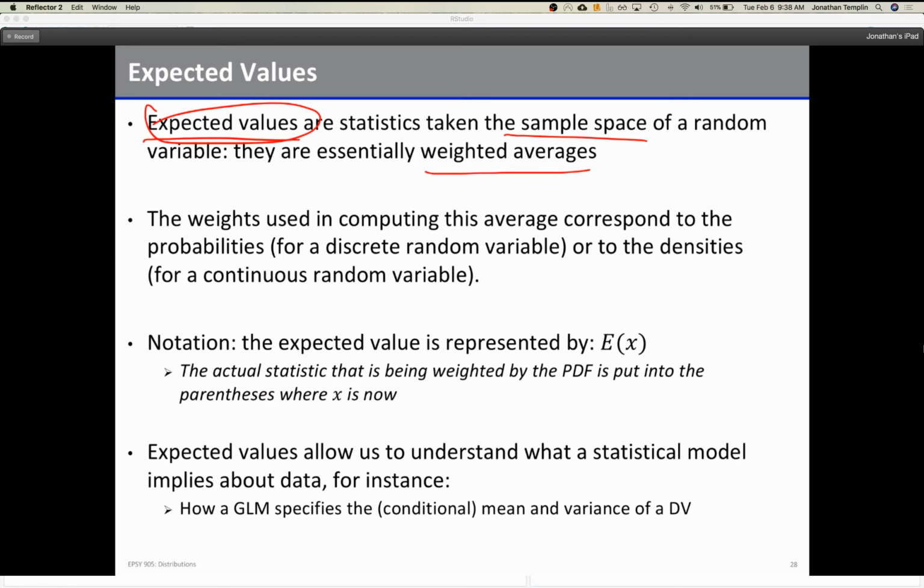The weights correspond to probabilities or densities, depending on the type of random variable. The typical notation we use is a capital E, and in brackets we put x. This is the expectation function, and the statistic being weighted is put in the brackets where x is.